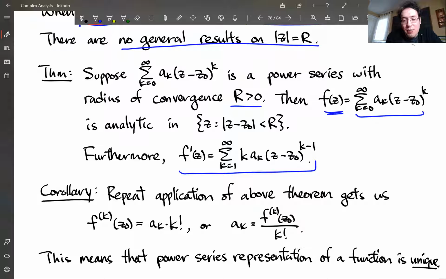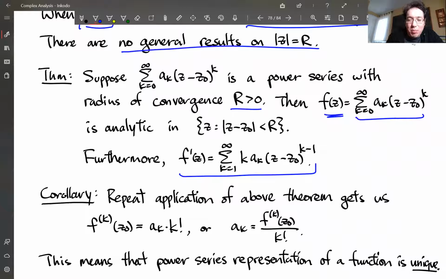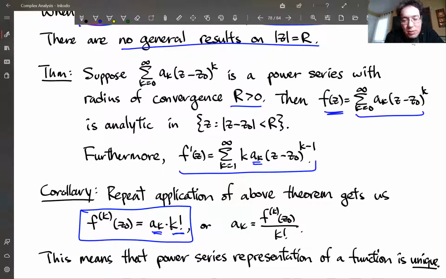Another thing that we can get out of this is that we can actually write down all of the coefficients that you must have. Because if we take the derivative and plug in z naught, we know what the a_k would have to be. And we could take the derivative as many times as we like. We just keep using the power rule and show that the kth derivative evaluated at z naught is the kth coefficient times k factorial, the k factorial coming from the power rule.